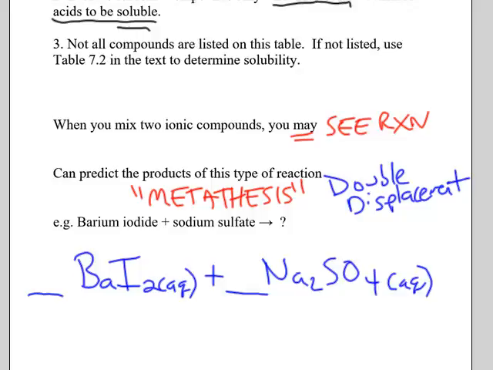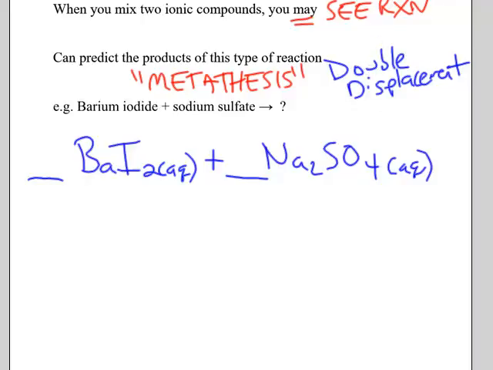In order to figure out what products are going to be made, we're going to apply this double displacement technique, which means we switch the positive and negative pairs. We always know that the positive, the cation, is always written first in an ionic compound, and the anion is written second. So we know the sodium is always positive, sulfate's always negative.